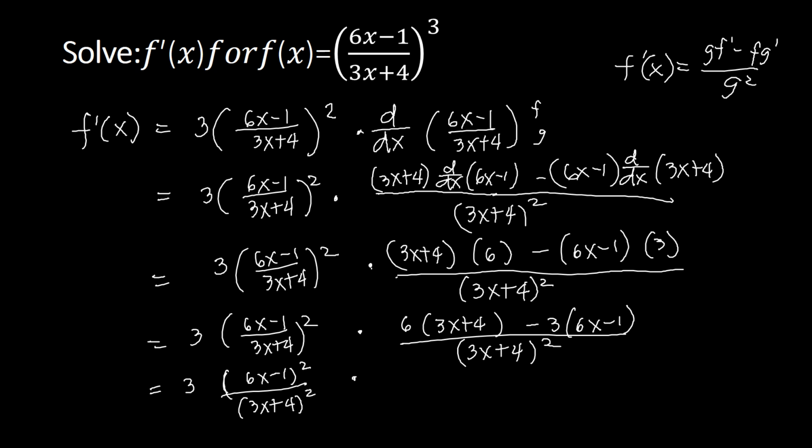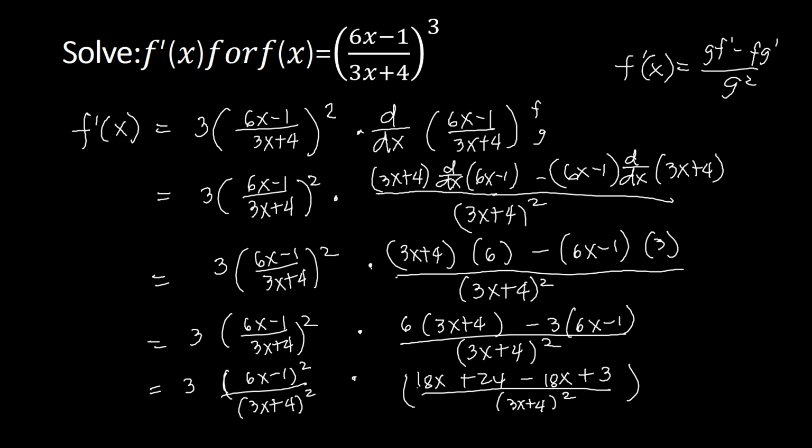So 6 times 3x will be 18x, and then 6 times 4, that's 24. We may go for having the bigger parenthesis for that. And then minus 3 times 6x, that will be 18x. Negative 3 times negative 1 will become positive 3, over 3x plus 4 being squared.